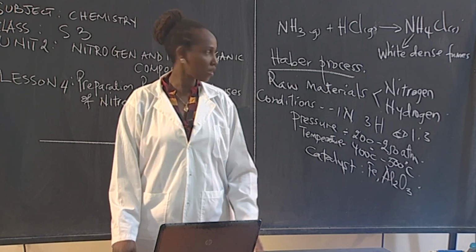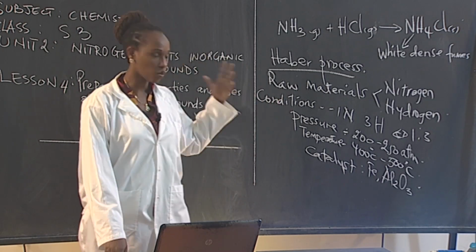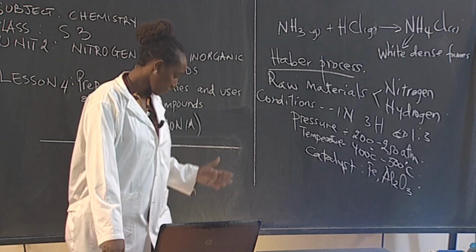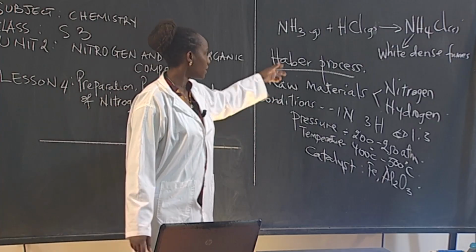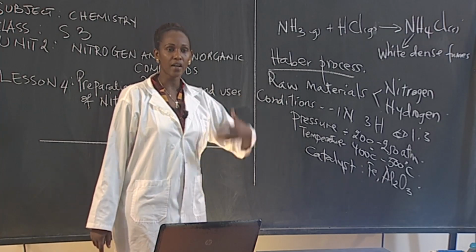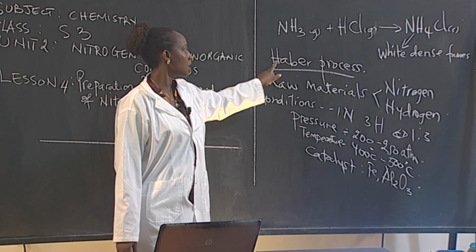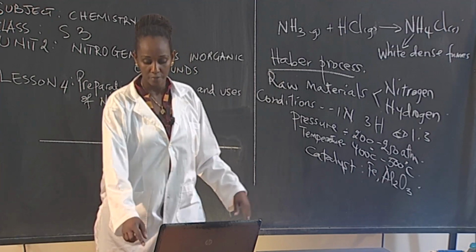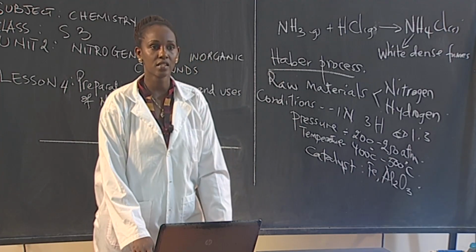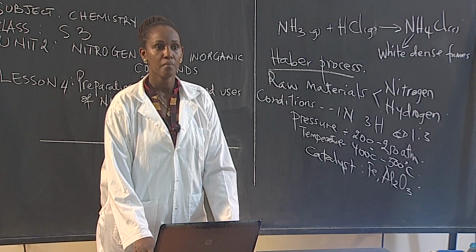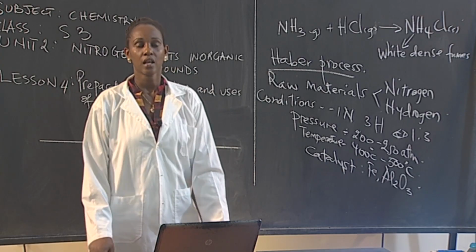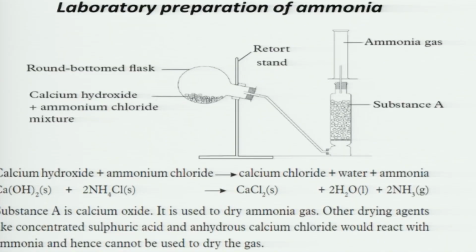All right? So in the Haber process, that's why I've put emphasis that there is manufacture of ammonia in abundance when we use the Haber process, compared to the first method where we react calcium hydroxide with ammonium chloride.